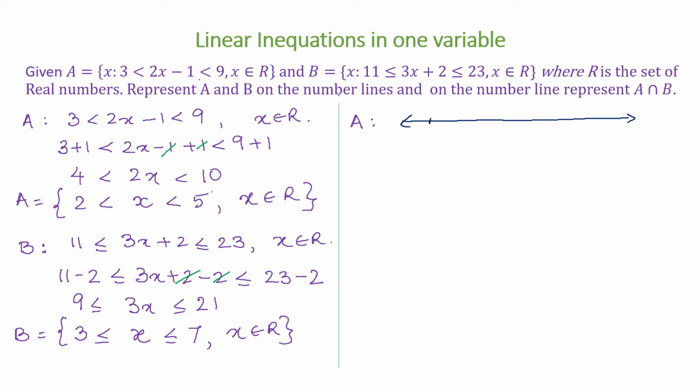I am writing down 0, 1, 2, 3, 4, 5, 6, and 7, and between 2 to 5, you observe that there is no equality sign. That means you are going to have 2 as a hollow circle, and 5 is also going to be a hollow circle, and I will be taking down all of this as from here to here.